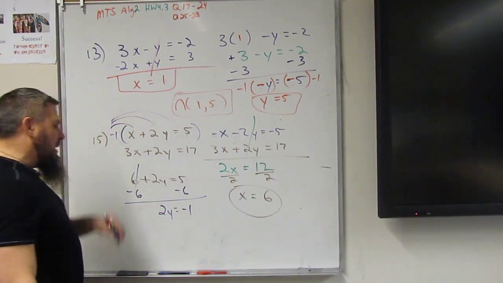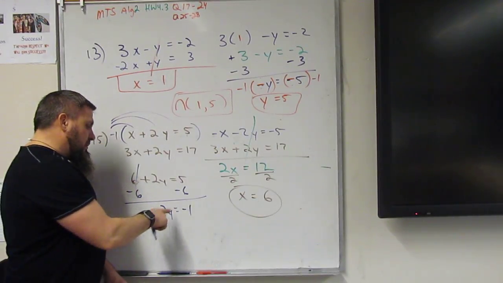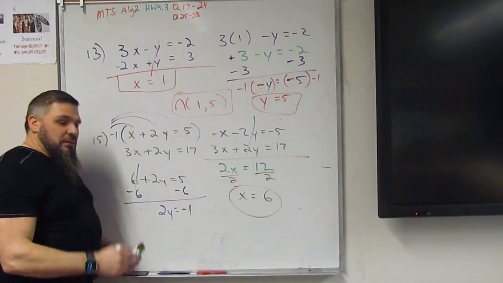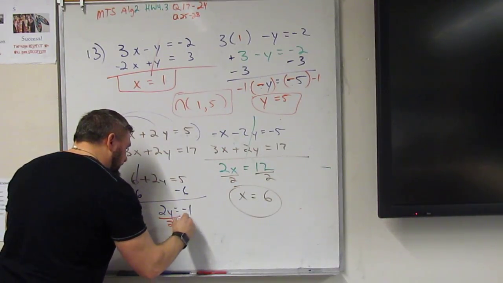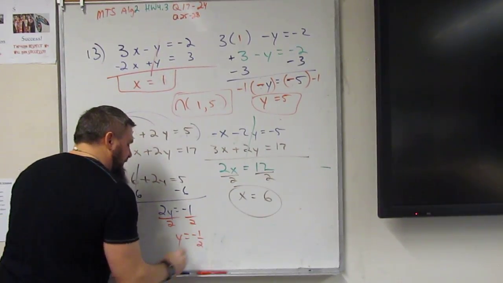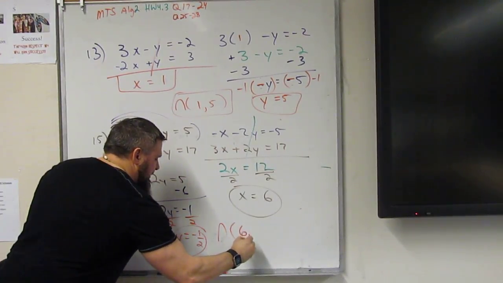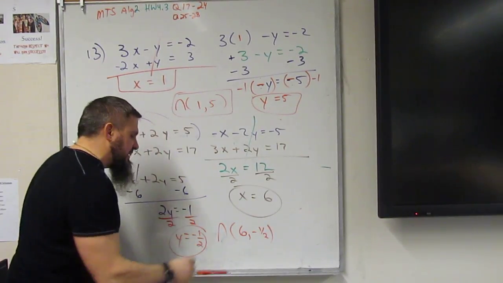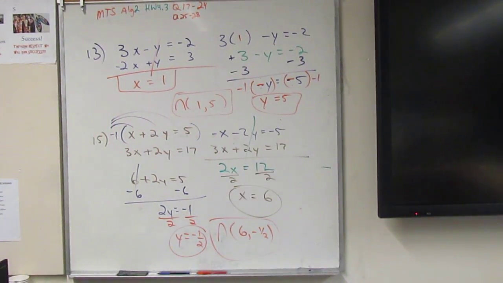So 2y, in this case, is equal to negative 1. So now what do I do? Divide by 2. So y is equal to negative 1/2. So we have an intersection at (6, -1/2). That's it. That's problem number 15. Okay?